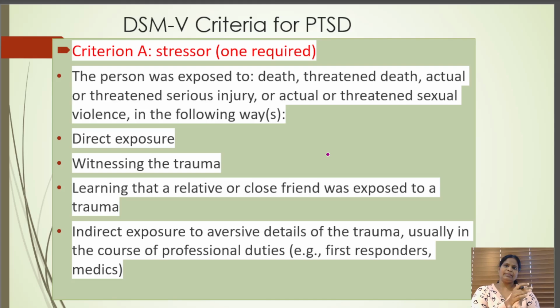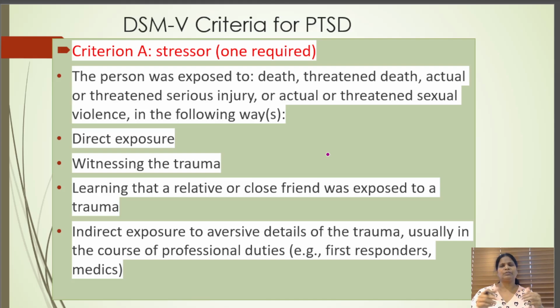was exposed to death or threatened death or any injury or sexual abuse or any other thing, either directly or indirectly, or witnessed it, or maybe heard it when somebody else is talking. Either it may be from a close friend or it might be indirect exposure to the details of the trauma, usually in the course of professionals.